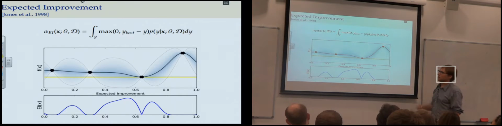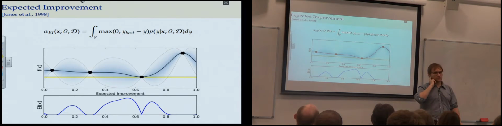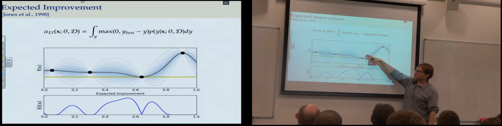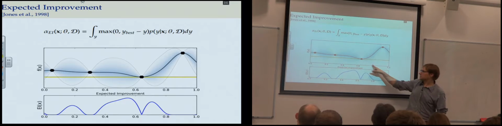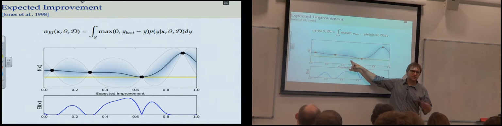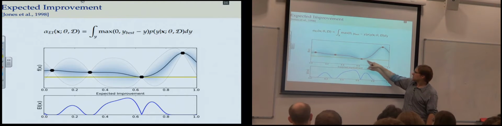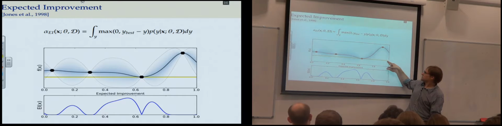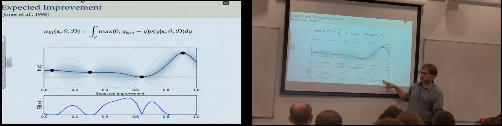Another example, which David was mentioning yesterday already, is the expected improvement. Remember those sample paths that we had before. Now, in each point in the domain, what you are basically computing is the expected gain that I have if I were sampling in one of those points. So this is my current best. I don't expect to gain anything given my current GP if I sample here, so expected improvement drops to 0.